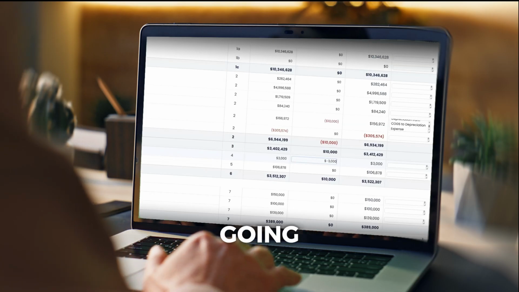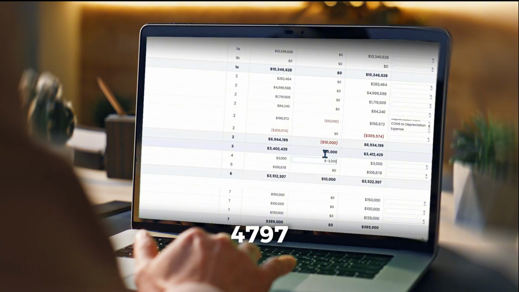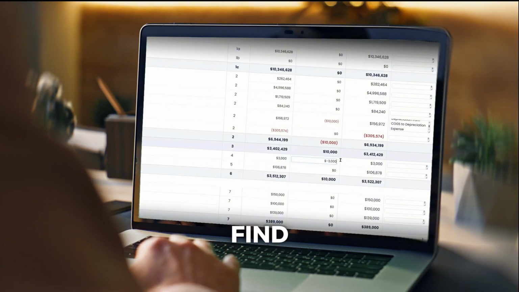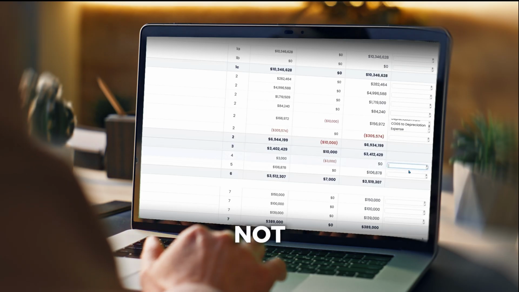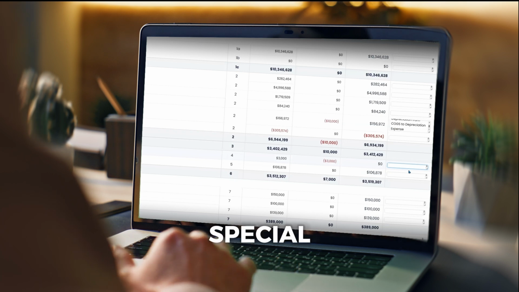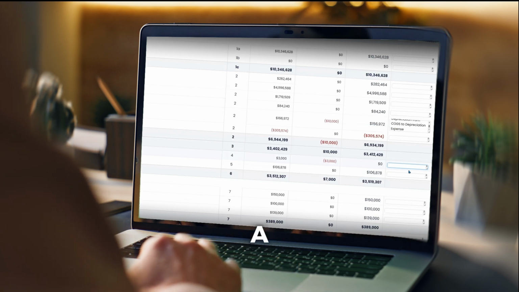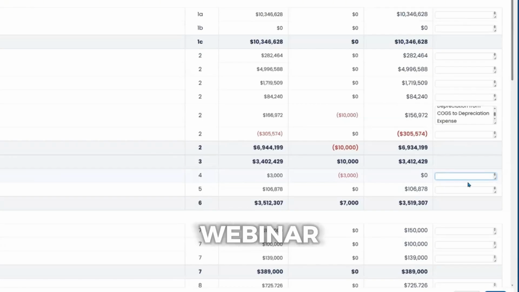So here we're going to remove that net gain from Form 4797, and you can go to that form and find out what it is, but almost always it's not going to be a cash flow that we want to recognize. Now, there's a special note about perhaps if it's a rental company, and we'll address that in a future webinar.